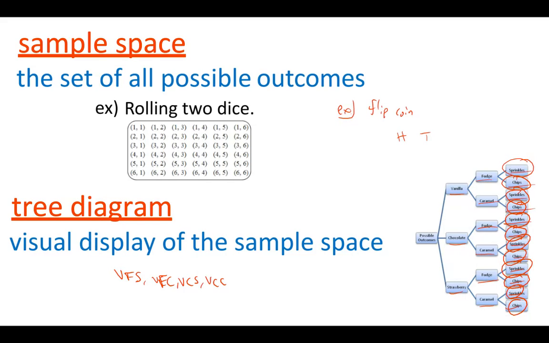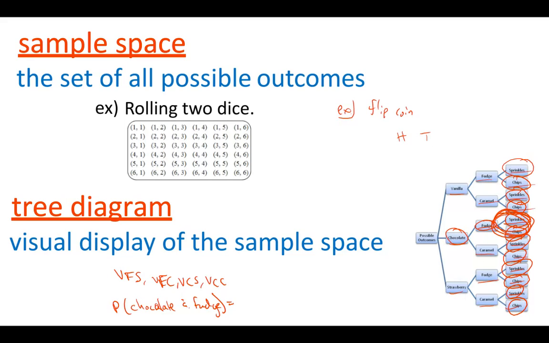So let's say I ask you, what's the probability of getting chocolate and fudge? Well, we could look at our chart here. Chocolate and fudge would be here. There's 2 that have both chocolate and fudge: chocolate fudge sprinkles and chocolate fudge chips.